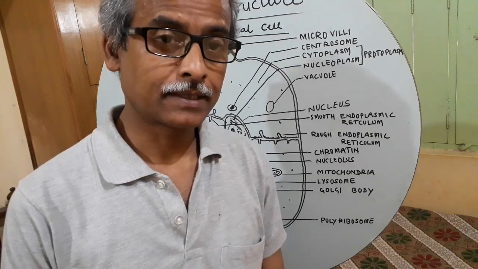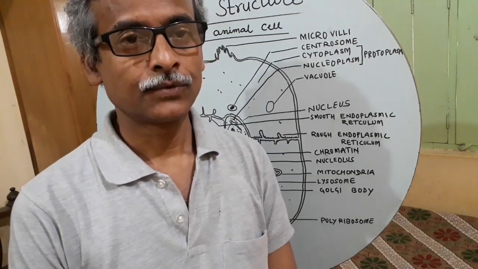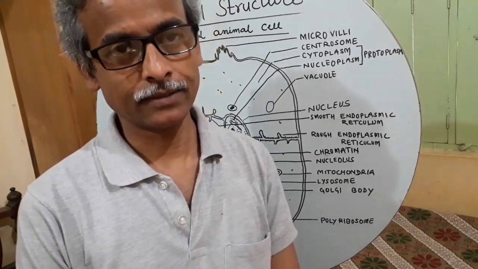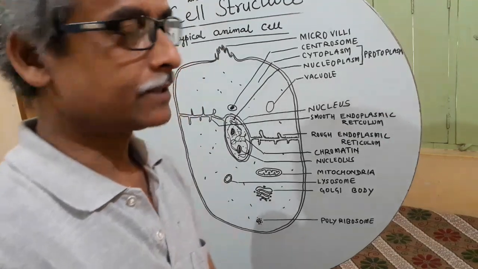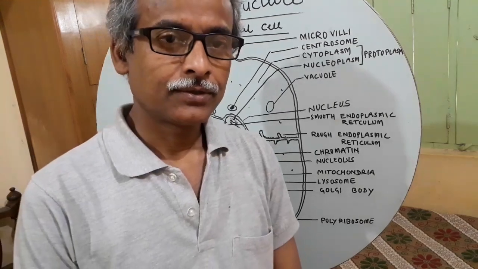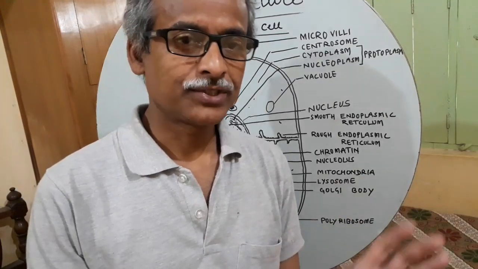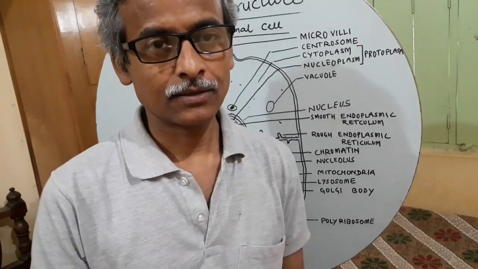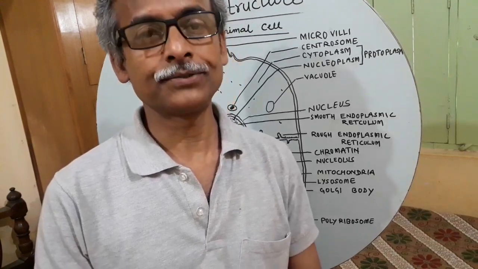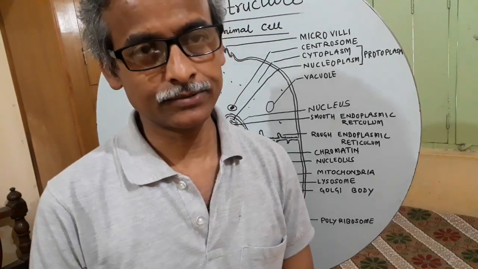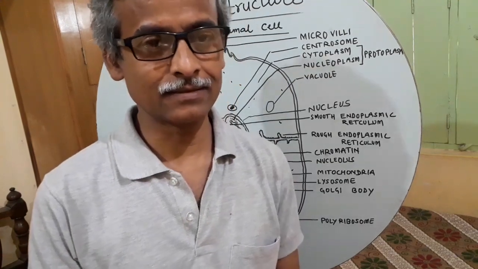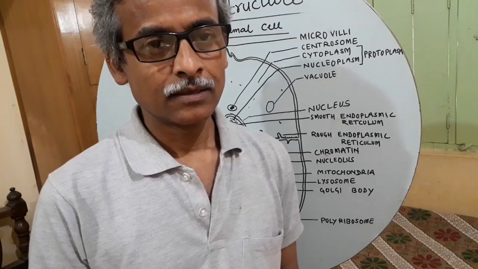Actually, a typical cell is a model cell which shows all the possible parts of a cell. And when we study about a typical animal cell, it means we draw a diagram, we study the cell of an animal which contains all possible parts of an animal cell, because there are many types of animal cells, just like bone cells, cartilage cells, nerve cells, muscular cells.